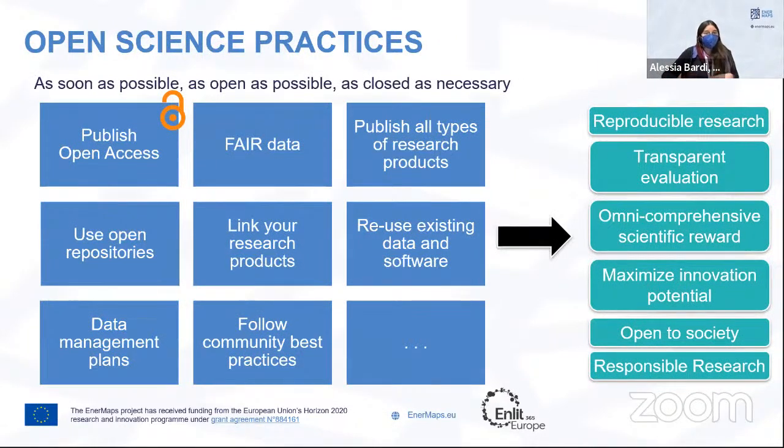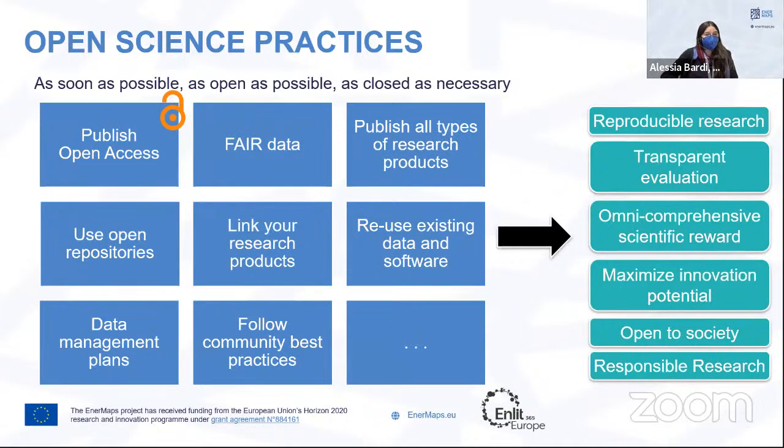So the OpenAIRE graph keeps track of all these different aspects of research, and also different aspects and practices of open science. The goal of open science is to have reproducible research, a transparent evaluation of the process, and attempts to go beyond the publication-centric reward policies that are in place.